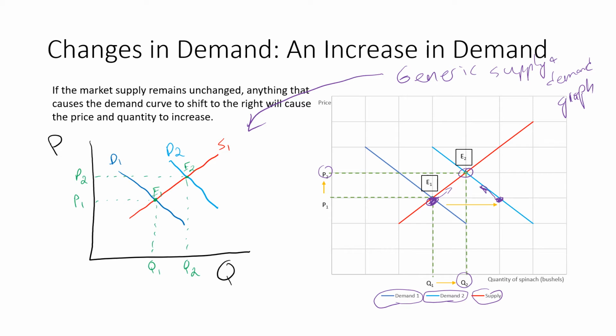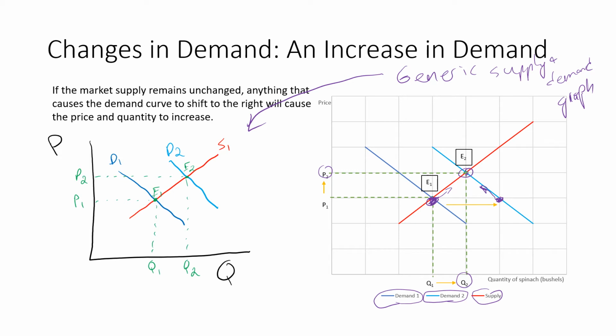Here, they are both equal. Because now supply and demand are back in balance, there will be no more tendency for the price to rise or fall. So once it reaches that point, we are in balance again, as we talked about in our last lecture. And now, unless a major change occurs, that's going to be the new price and quantity for spinach.